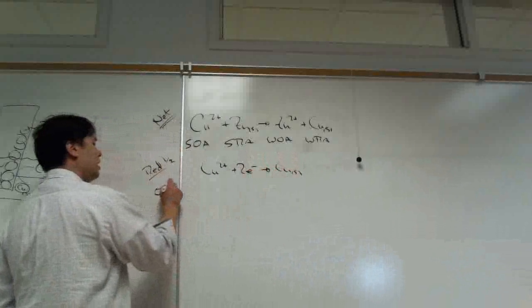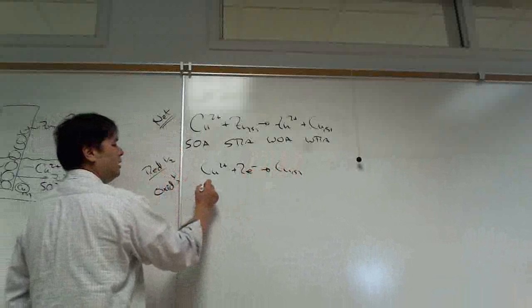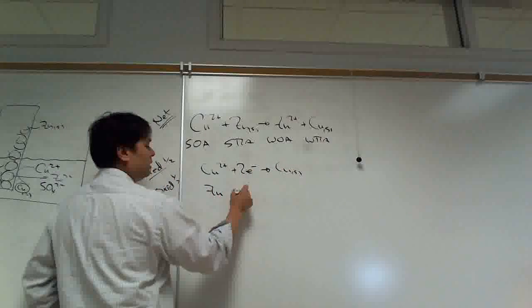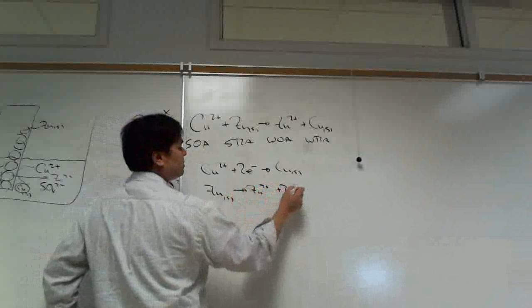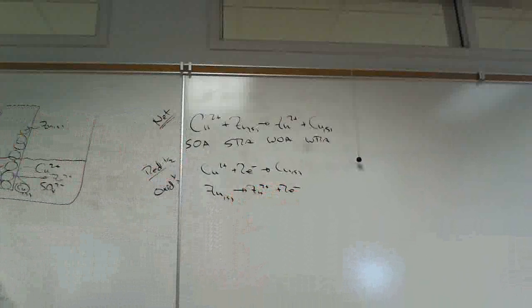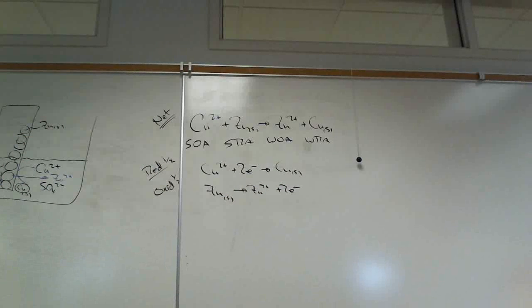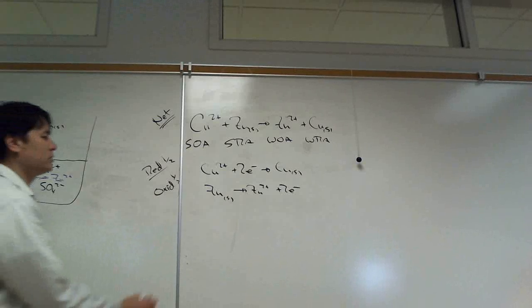And the oxidation half reaction is that zinc gets oxidized to form Zn2+ plus 2 electrons. In this reaction, the electrons are transferred directly from the zinc to the copper. And so we have direct transfer of electrons.